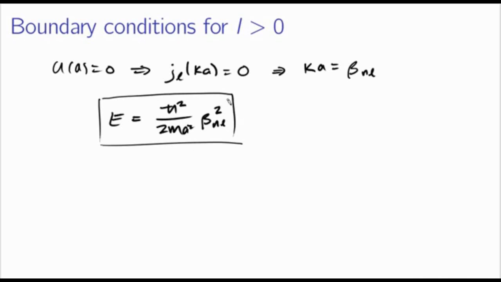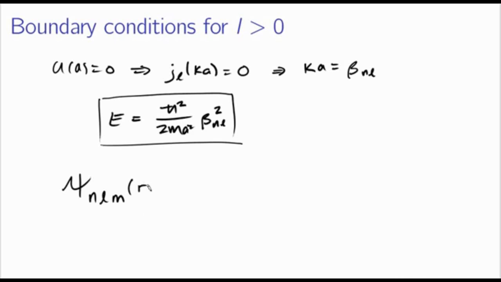So that tells you what the energy of a general solution to this spherical well potential is. It tells you what the energy is if you know what the zeros of the appropriate spherical Bessel function will be. So our actual solution in the end depends on three things. It depends on n, the index of the zero that we're looking at. It depends on L, the separation constant in the separation of variables that gave us the spherical harmonics, the angular part, and it depends on m, the constant that arose from the solution of the phi equation.